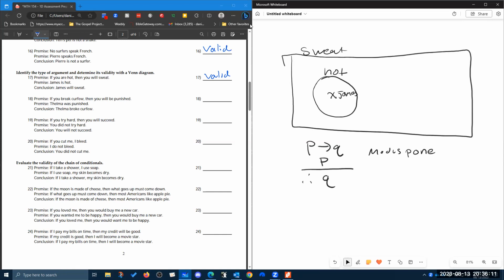And a less fancy name that's not Latin for this is called affirming the hypothesis. Okay. So that's our structure.